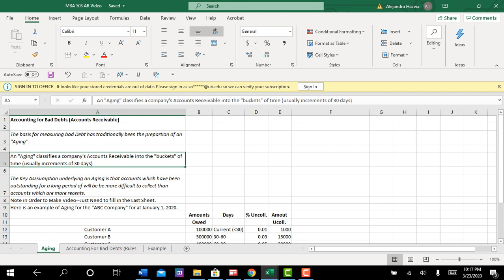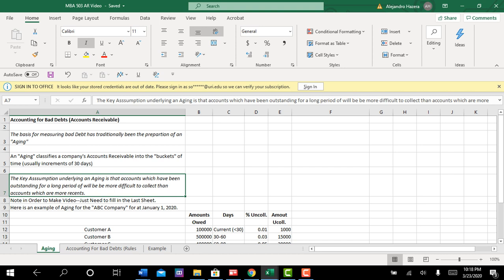Okay, so an assumption in an aging, the key assumption in any aging, is that there's a positive relationship between the amount of time that an account is due or overdue and the probability of non-collection.